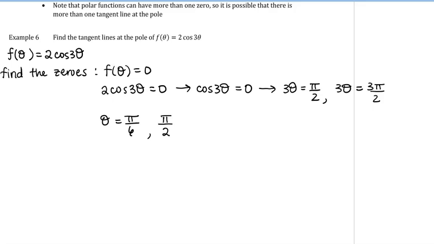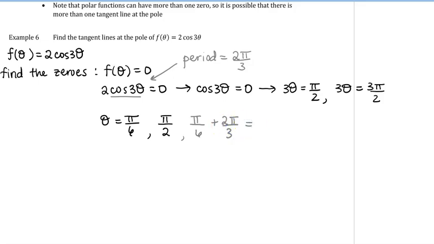But we have to remember that we have not dealt with the fact that the period of this cosine 3 theta is 2 pi over 3. So if the period is 2 pi over 3, then there's more solutions within the first revolution of the unit circle. That means that I could take the solution of pi over 6 and add 2 pi over 3 to get another solution.